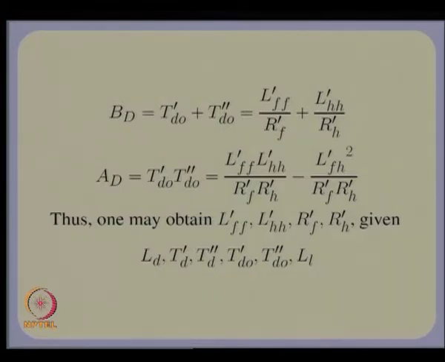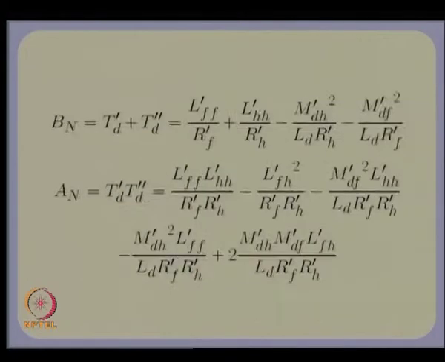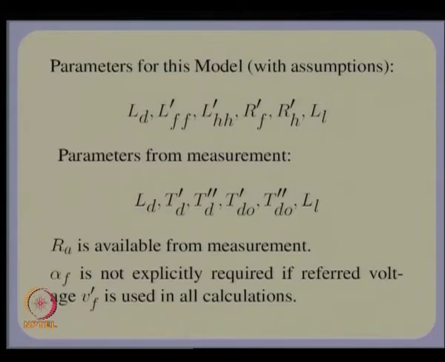So we now actually can compute. The parameters for this model are these, and the parameters from measurement are the ones given below. So we can get the parameters required for this model.